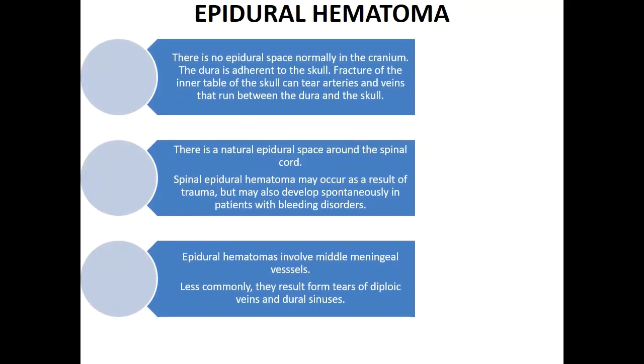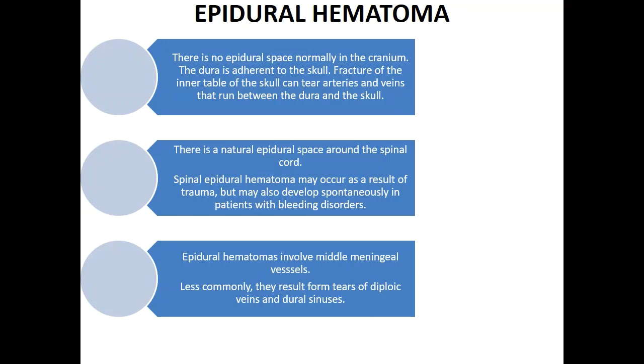Now, coming to epidural hematoma. There is no epidural space between the skull and the dura. It must be noted that the dura is adherent to the skull. Fracture of the inner table of the skull can tear the arteries and veins that run between the dura and the skull, resulting in what is called an epidural hematoma.